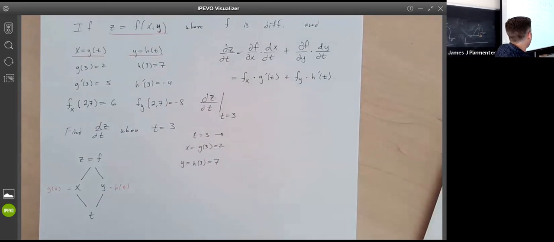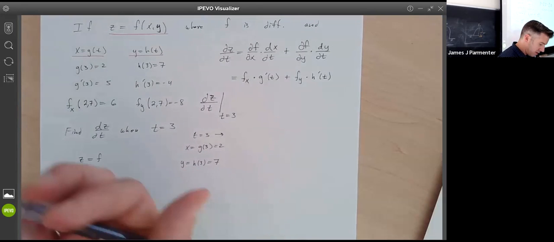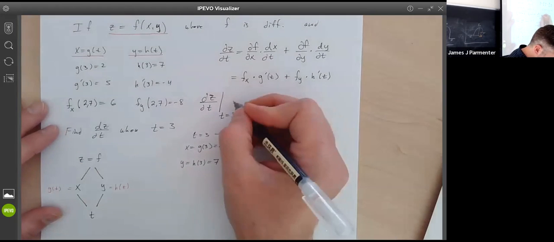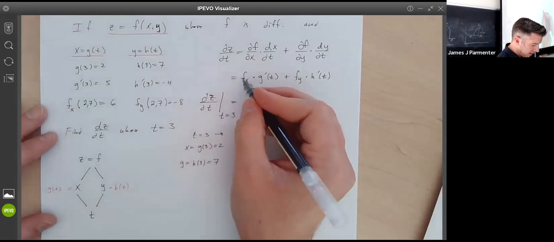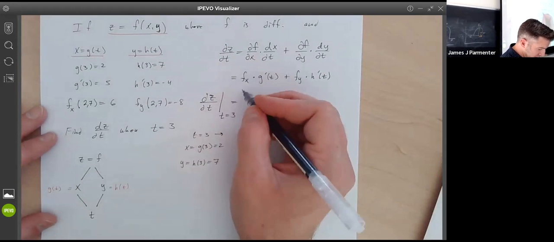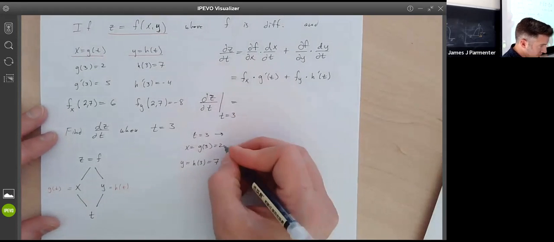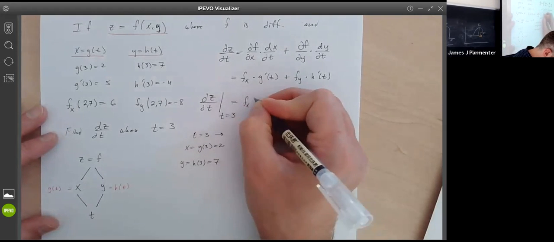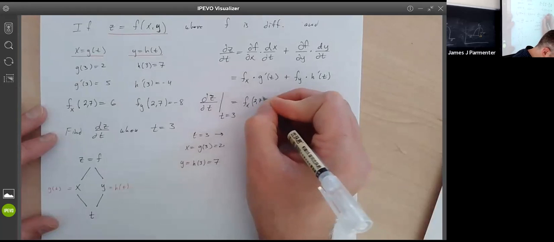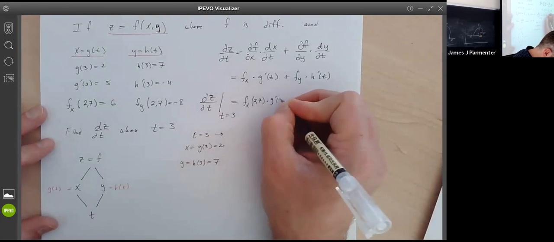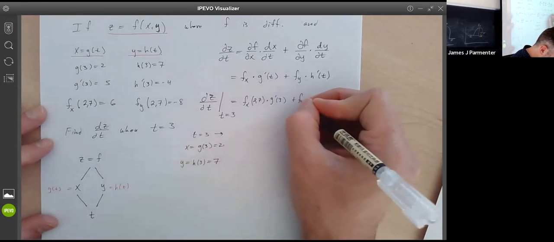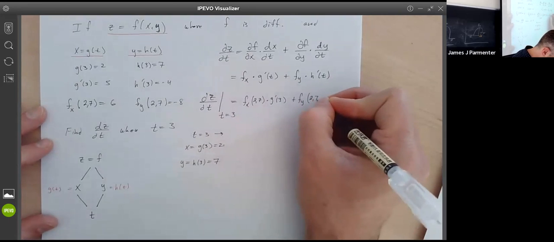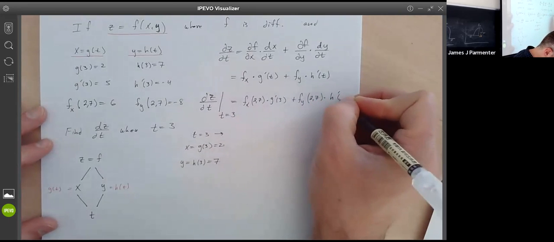I feel like it's important to say this, because then I know that when I'm finding the derivative of f with respect to x, I'm plugging in x equal to 2 and y equal to 7. So I'm really doing f_x at (2, 7) times g prime of 3 plus f_y again at (2, 7) times h prime of 3.